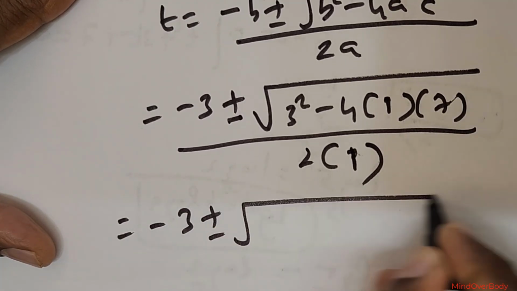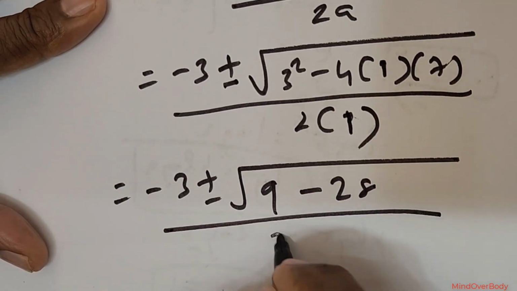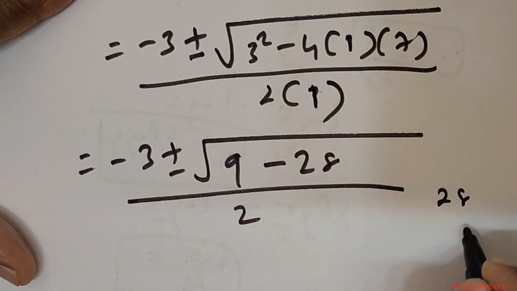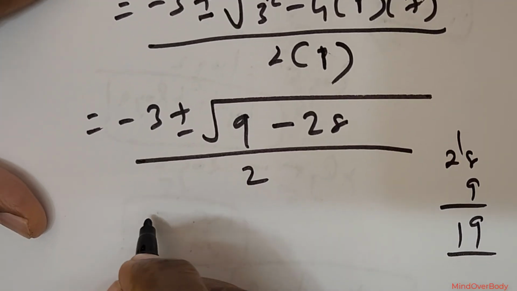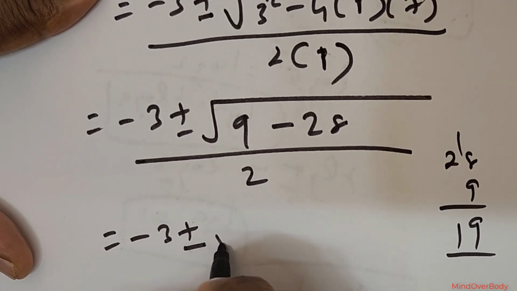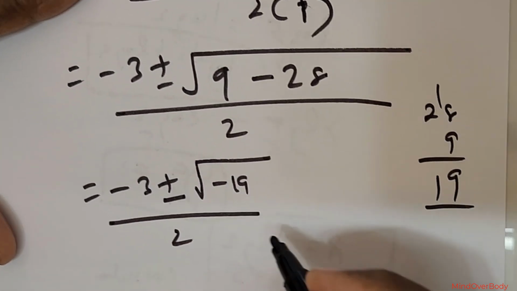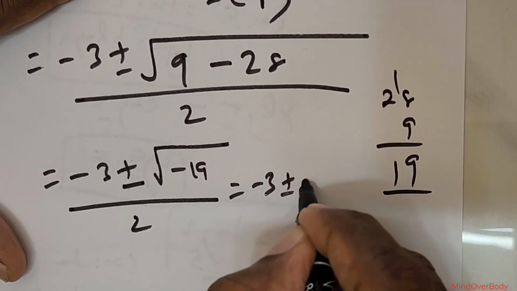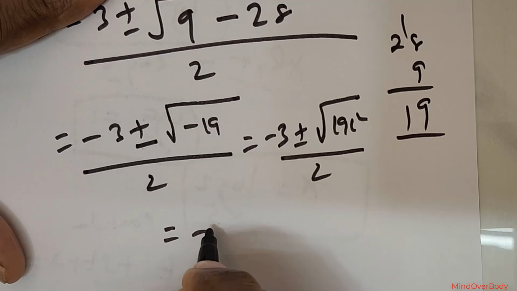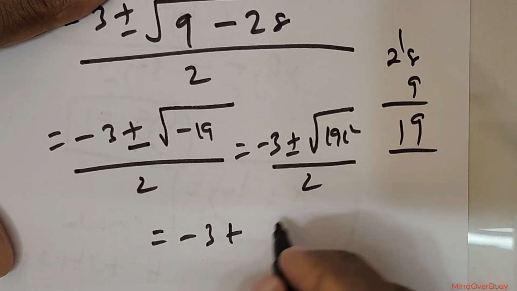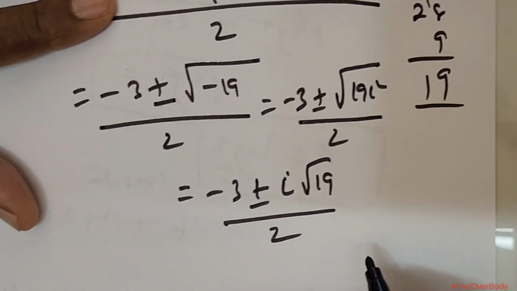This is (-3 ± √(9 - 28)) / 2. Now from 28 you take away 9, so this would be 19. So (-3 ± √(-19)) / 2. I'm going to rewrite this as (-3 ± √(19 i^2)) / 2, which is (-3 ± i√19) / 2.